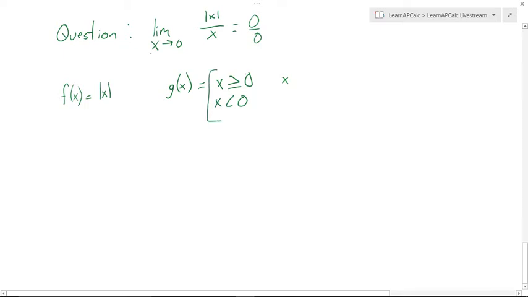And if x is less than 0, it's negative x. If you're confused, either of these are correct. You just simply need one, because 0 and negative 0 are the same thing for the purposes of AP Calculus. So here I can say that f of x is equal to g of x. I'll leave that up actually.